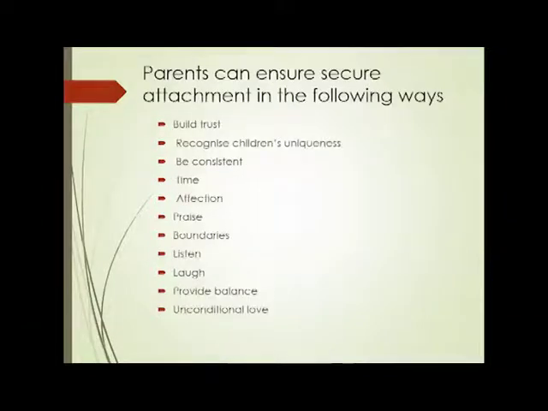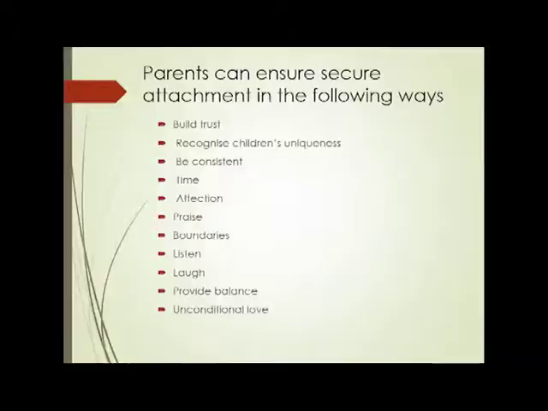Then we have how parents can ensure secure attachment, because with secure attachment we feel loved, we feel part of the family, part of those parents. So how do we secure attachment with children? We build trust, we recognize children's uniqueness, and we are not there to compare them with everyone.